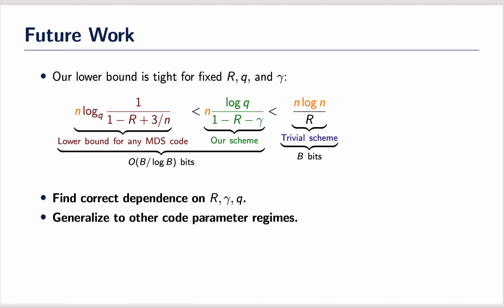Another natural direction for future work is to generalize to other code parameter regimes. For example, when t is very large, or, right, if you want to use fewer evaluation points and not use this entire extension field. Also, it would be cool to generalize beyond linear functions, maybe to low degree polynomials. We have an idea in our paper for how to compute some nonlinear functions using our methods, but that's just some of the nonlinear functions, and there are a lot more.